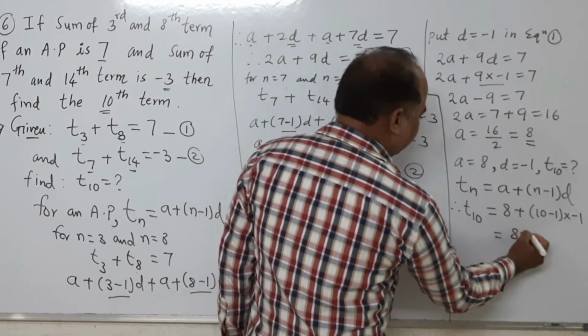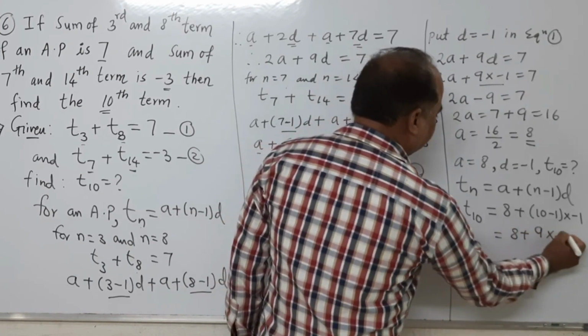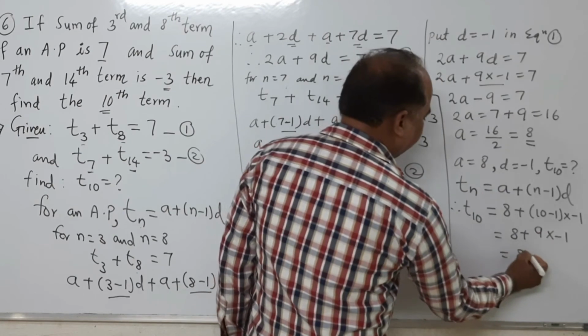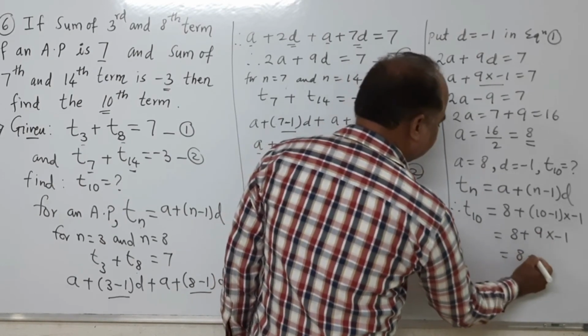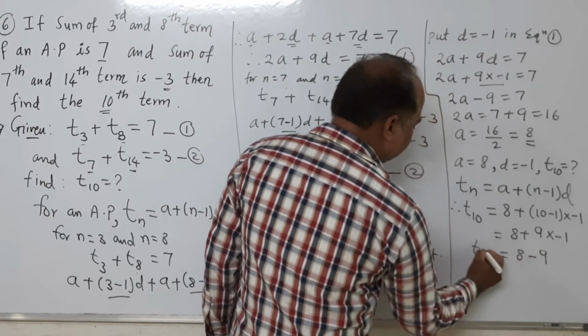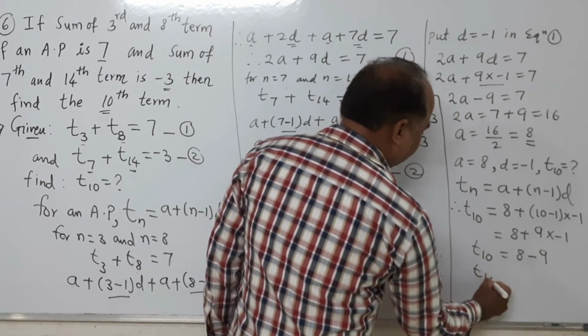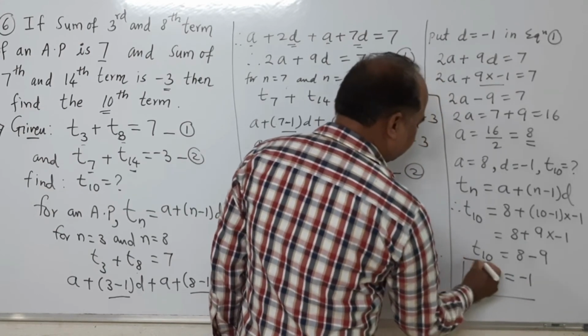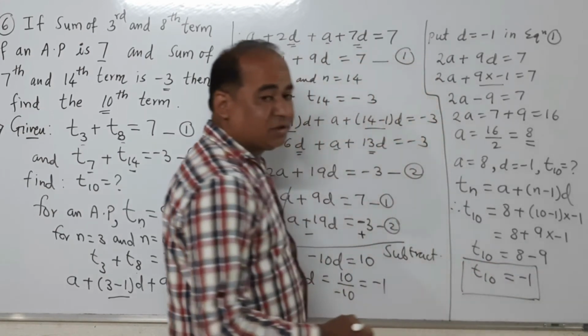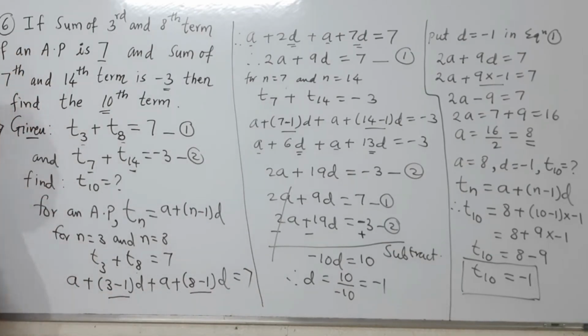So here 8 plus 9 into minus 1 is minus 9. So the 10th term of an AP, T10 is equal to minus 1.